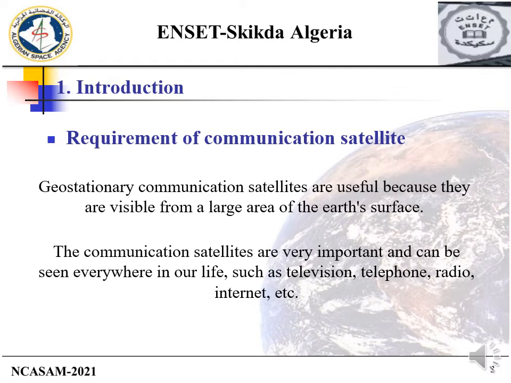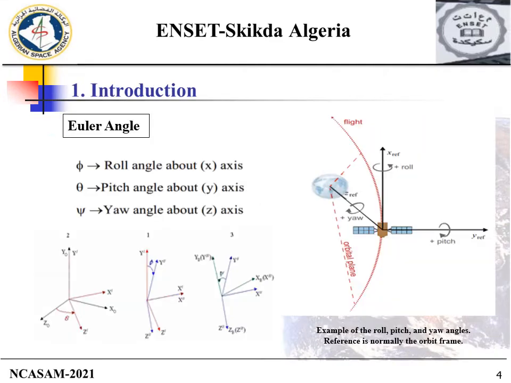All communication satellites are considered flexible satellites. For this reason, it is important to study this kind of spacecraft, which is visible from a large area of the Earth's surface, and can be seen everywhere in our life, such as television, telephone, internet, etc. Before talking about satellite dynamics, it is important to know the three-angle rotation of our system.